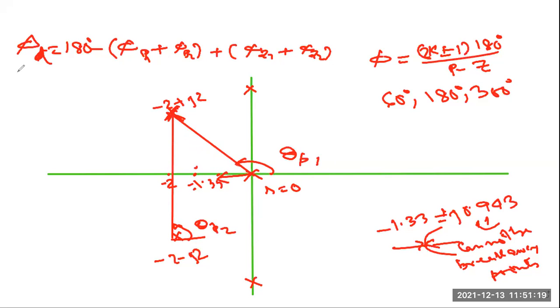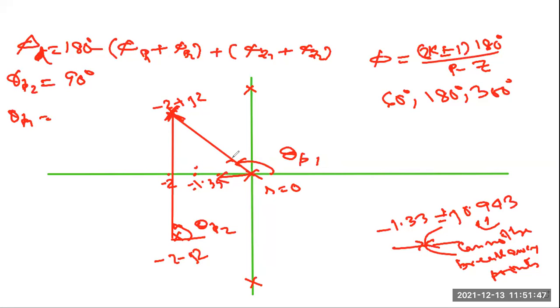What is the value of theta P2? 90 degree. Now theta P1, how to calculate this angle? 135, sir. Correct. Because you see, this is 2 and this is also 2.